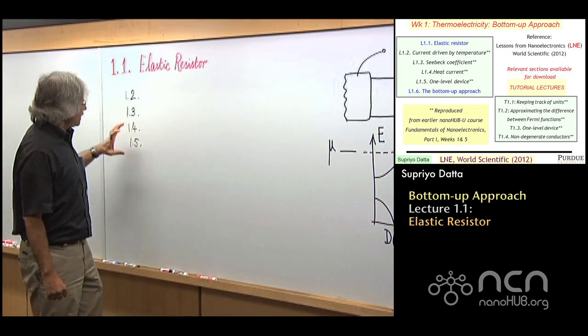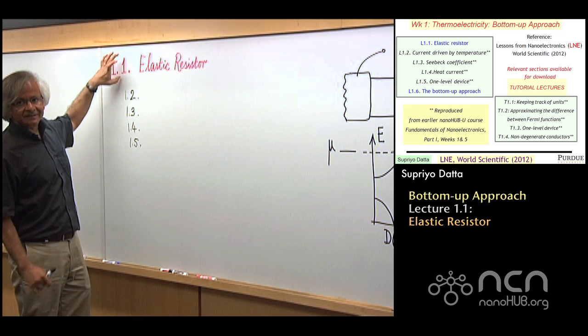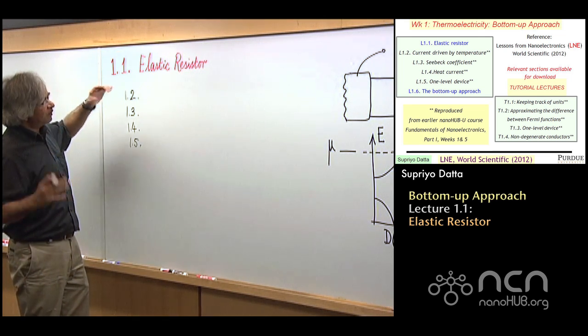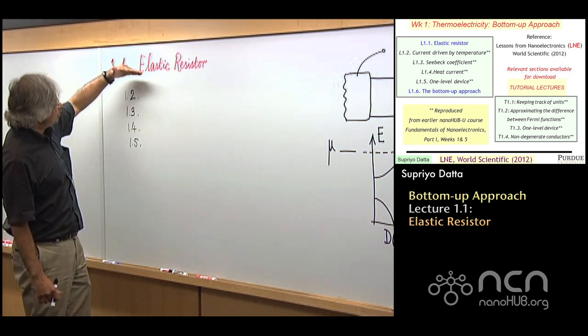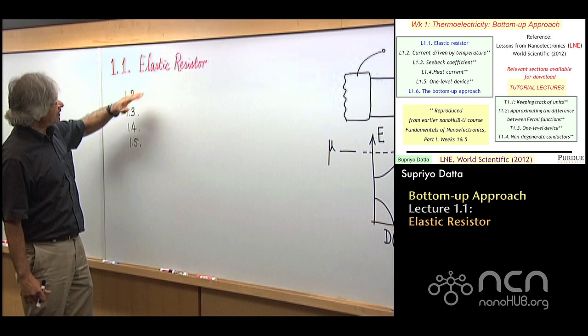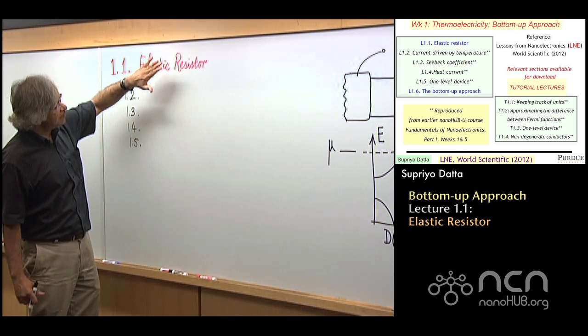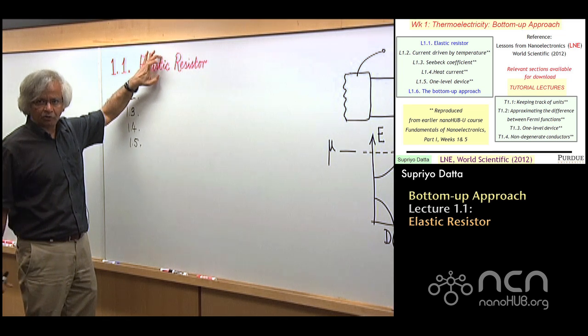What I'm trying to do in this lecture is give you a bird's eye view of the important concepts so that you can follow what comes after this easily. But as I said, if you wanted to go deeper into this material, you should look at the old course.